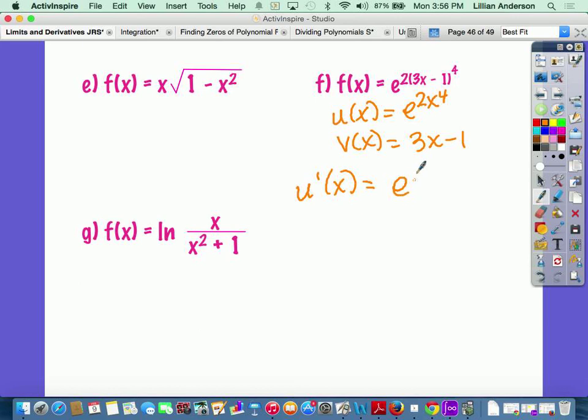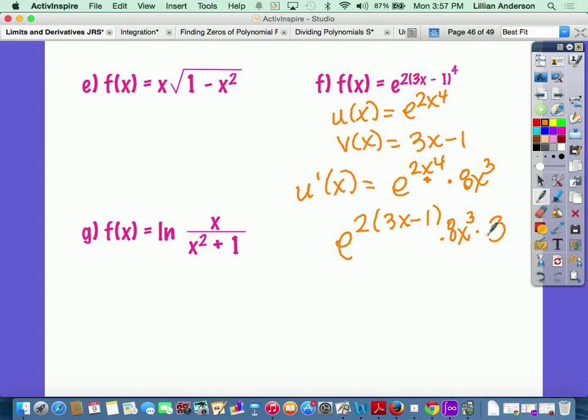So e to the 2x to the 4, because I take the derivative of e to the x, and I'm going to multiply it by the derivative of the top, which is going to be 8x cubed. So that's my derivative. But instead of writing the x here, I'm going to write in my v. So it's going to be e to the 2 to the 3x minus 1 times 8x cubed times the derivative of v, which would be just 3.